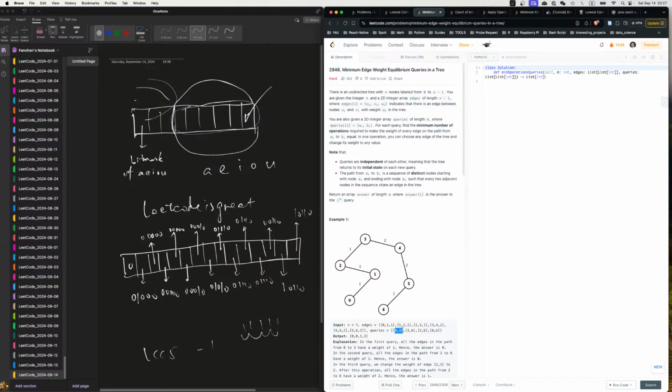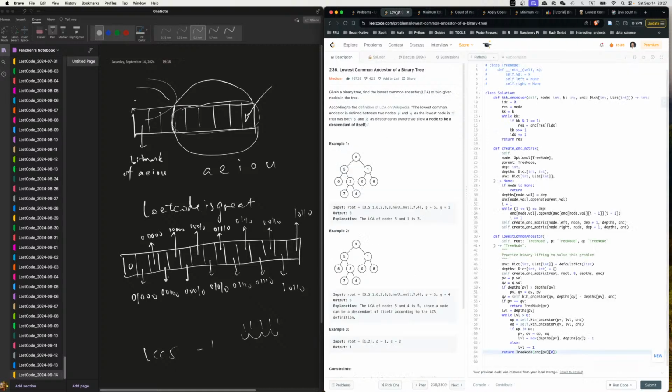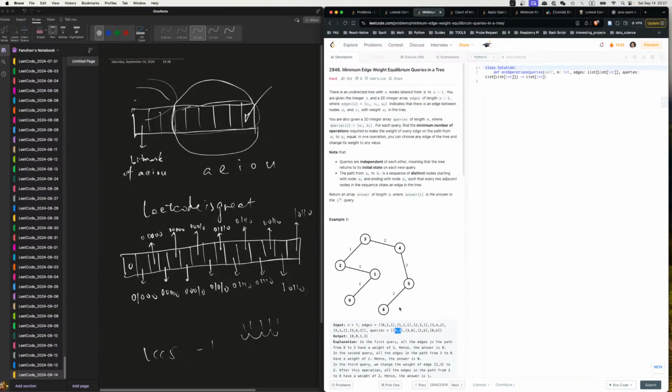Now the query, we have this query. So we get a query, and we will run this algorithm to find the lowest common ancestor of these two, right? Once we found it, we will do one frequency plus another frequency minus 2 times the common ancestor frequency.